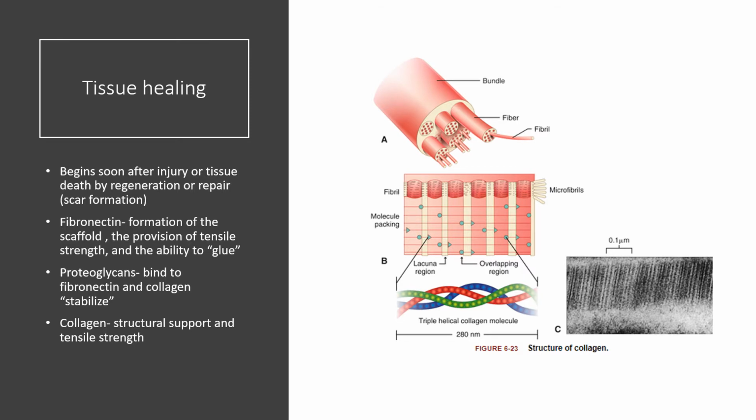The tissue healing process is a very complicated and complex process, which is influenced by many different components such as fibronectin, proteoglycans, elastin, collagen, and parenchymal and endothelial cells. So what happens in tissue healing is the phagocytes begin to secrete enzymes that break down cellular debris and dead tissue.